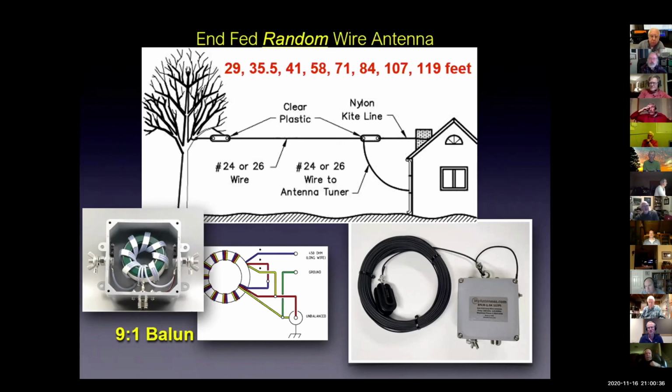Steve, does that match your experience? I know you've used both going out running SOTA activations. Yeah, a dipole is great if you can manage to get one up and feed it with RG-174, which is this tiny thin piece of coax, which is not very efficient.